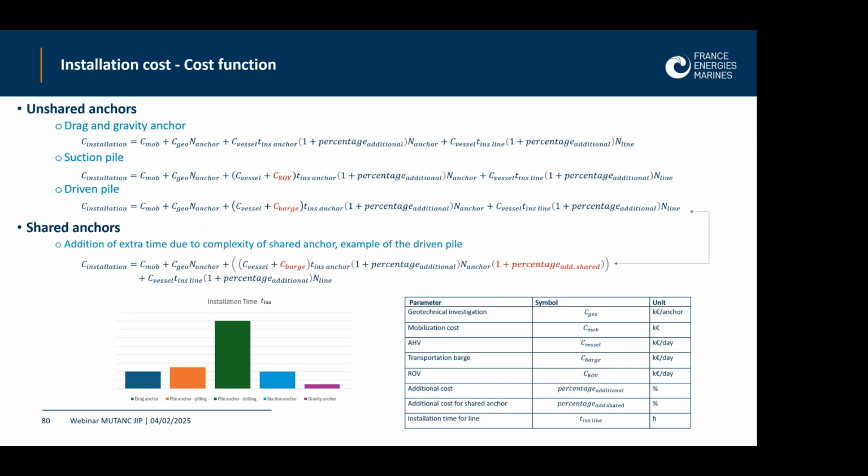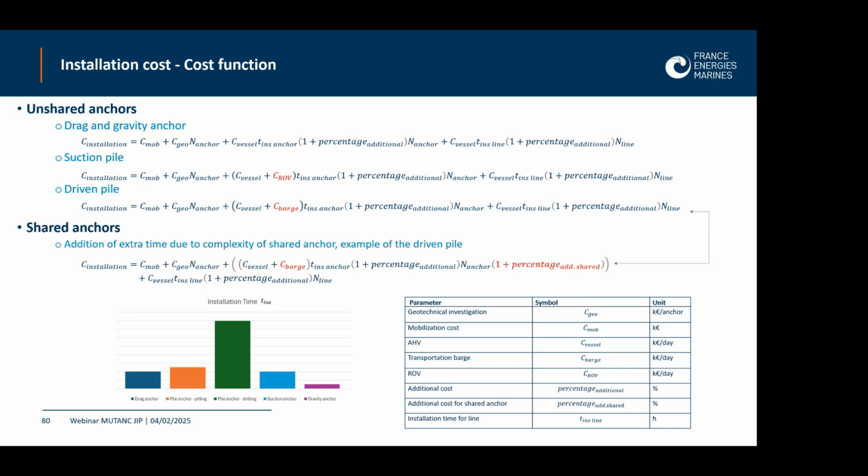Then we will go through the installation cost functions, which are divided into shared and unshared anchor costs. For the installations, there are various parameters that should be taken into account. First, there is mobilization and demobilization of the vessel.